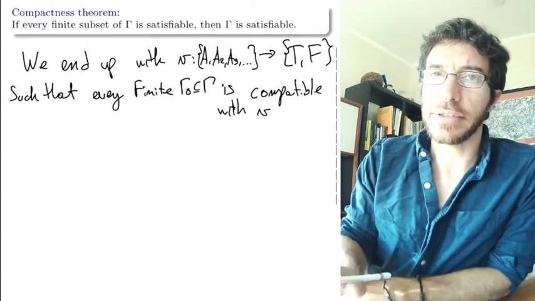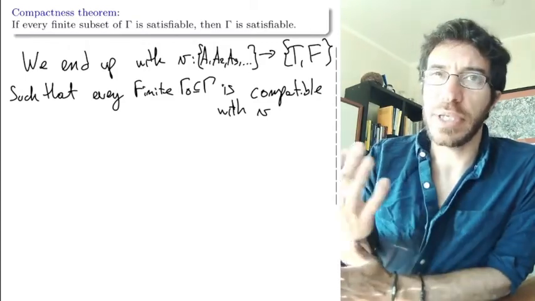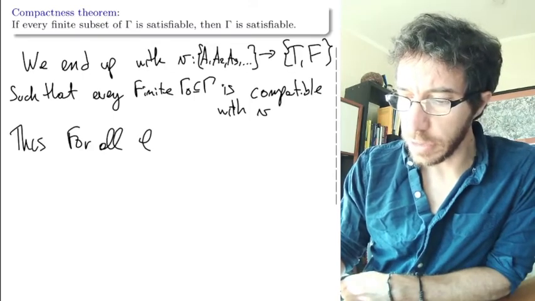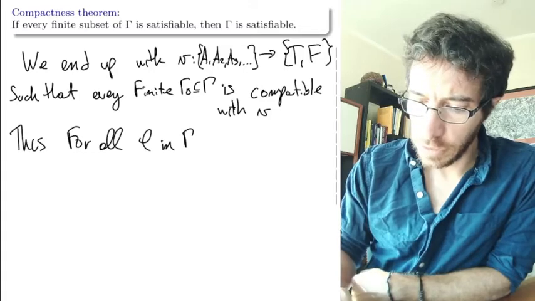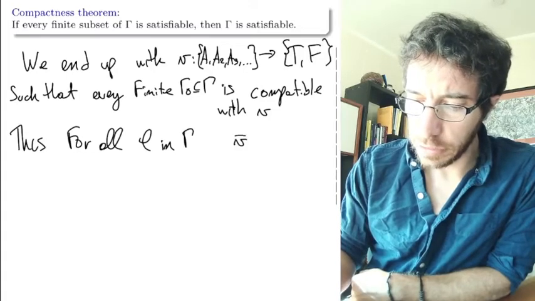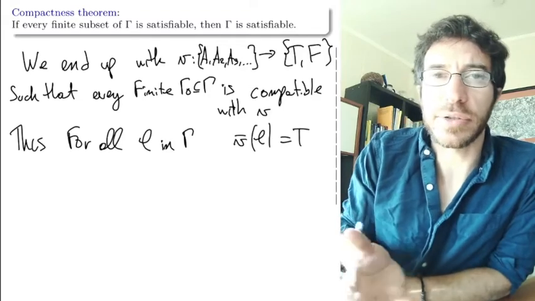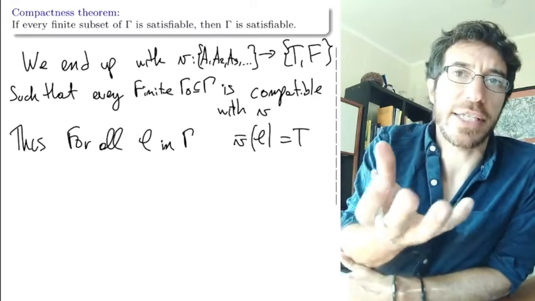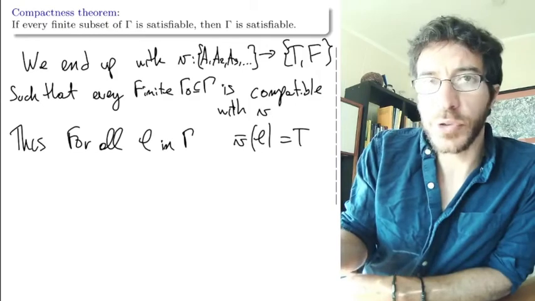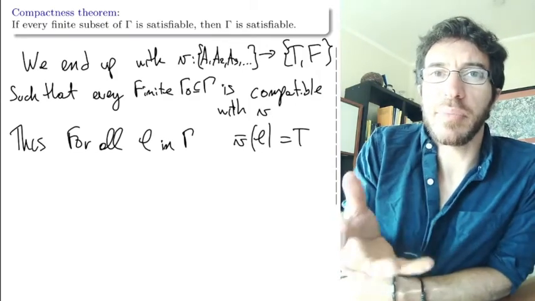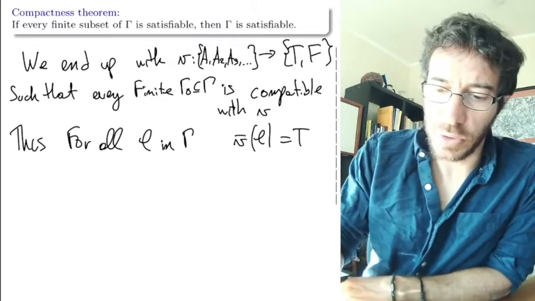So compatible just means that it makes it true. So for all formulas in gamma, this truth assignment gives you true, because every formula in gamma belongs to some finite subset, let's just say itself, and it has to be compatible with this truth assignment. But this truth assignment is telling you about all variables, so compatible means that it just makes it true. There is no other way.